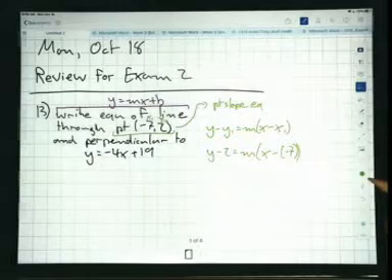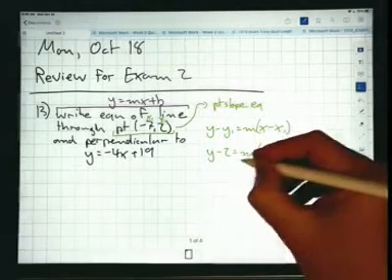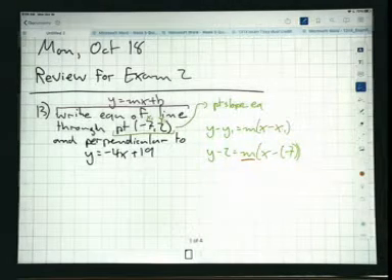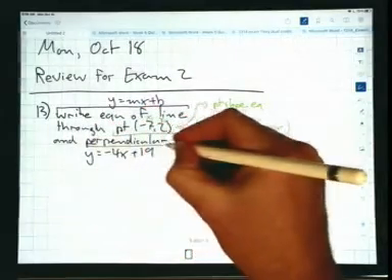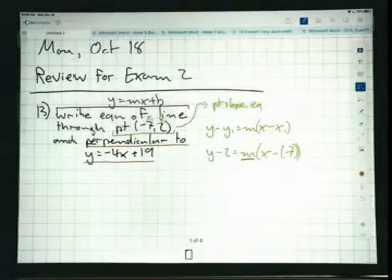But the thing that I don't know yet is m, my slope. I don't have anything to plug in for that. So that's where the rest of this problem comes into play. It is perpendicular to this equation.